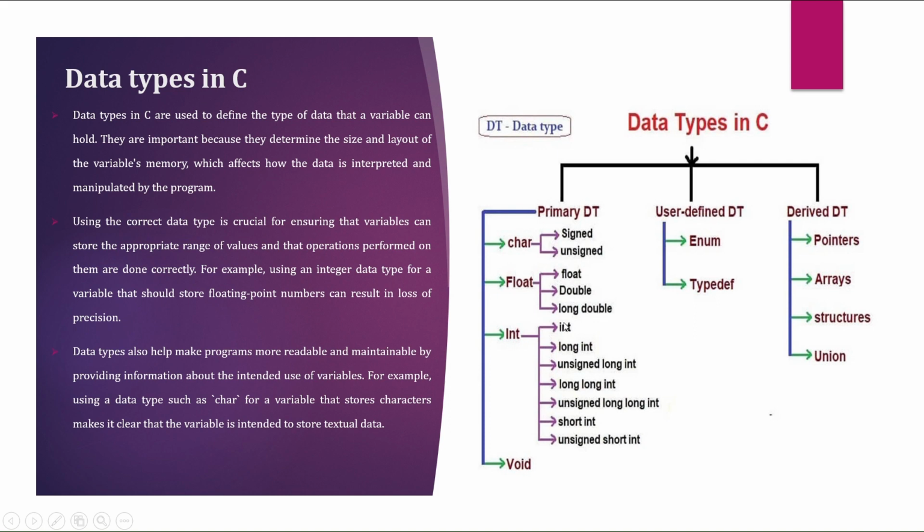And in int, we have various subdivisions like int, long int, unsigned long int, short int, unsigned short int. Next, in user defined data types, we have two subdivisions: enum and typedef. Similarly, in derived data types, we have four subdivisions: pointers, arrays, structures, and unions.